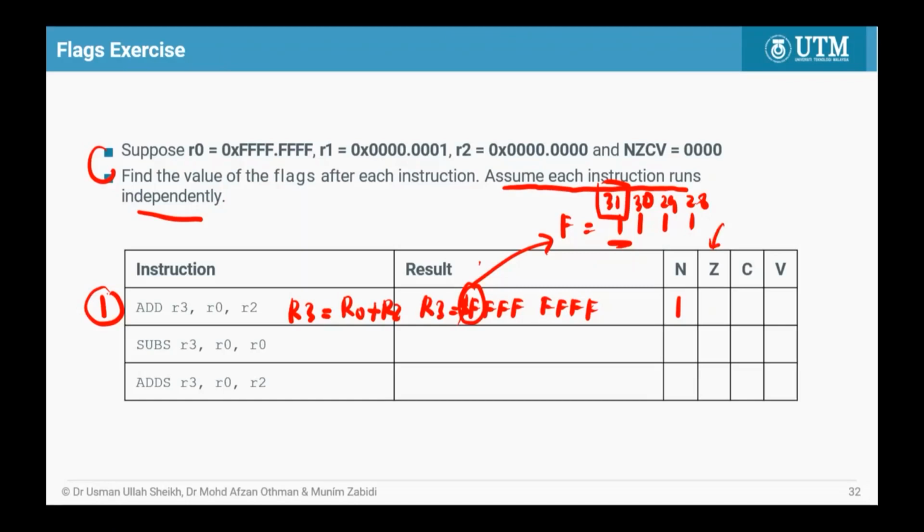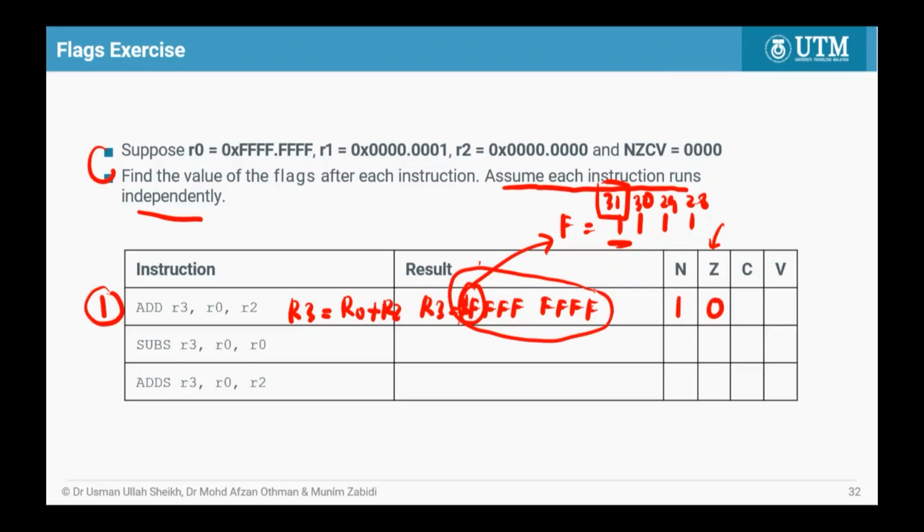Every time you do an arithmetic or data processing operation and the result is 0, then Z equals 1. Now, after you add this number, you have a value inside R3, so Z will be 0.